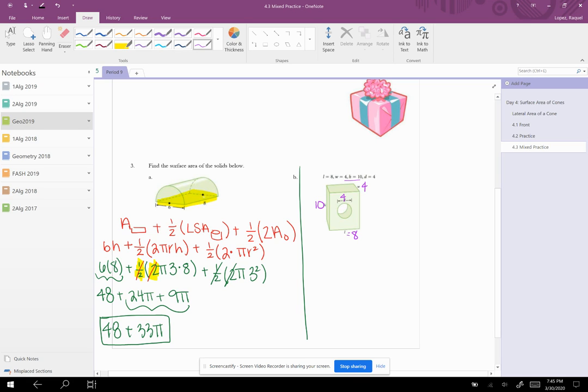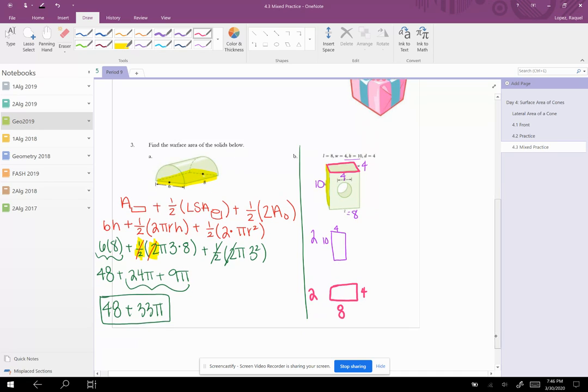Now, a rectangular prism has 6 faces. And I'm going to start off with this face right here. So I've got one here in yellow, and I've also got one on the other side. So I've got 2 rectangles with dimensions 10 and 4. Okay. And then I've got 2 rectangles with dimensions 4 by 8.